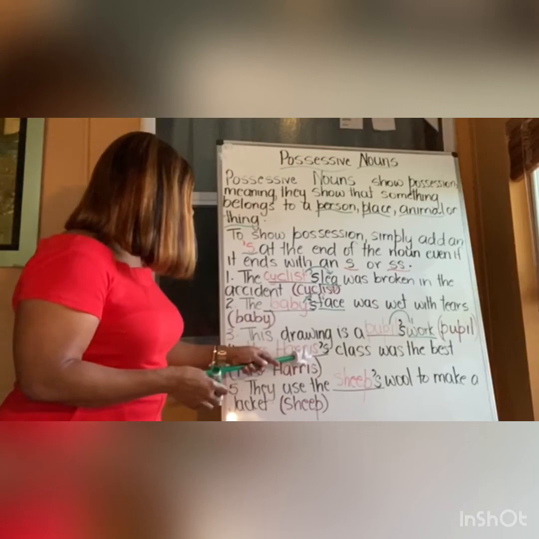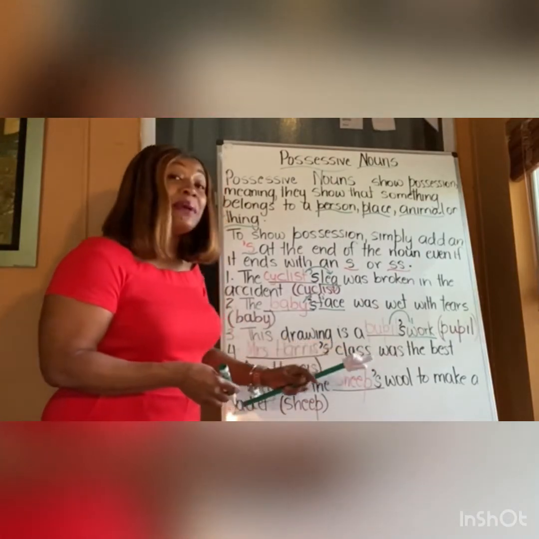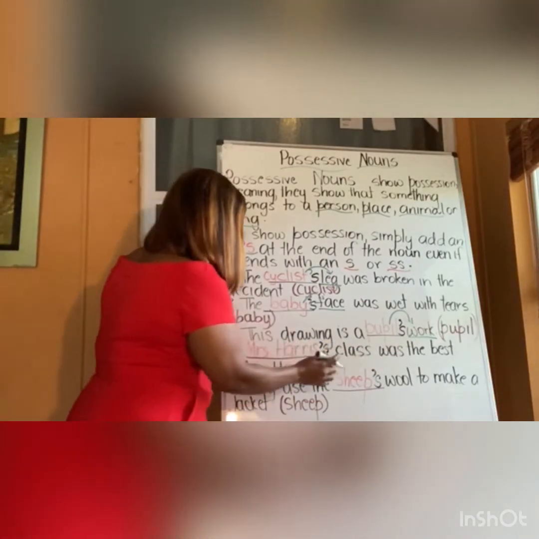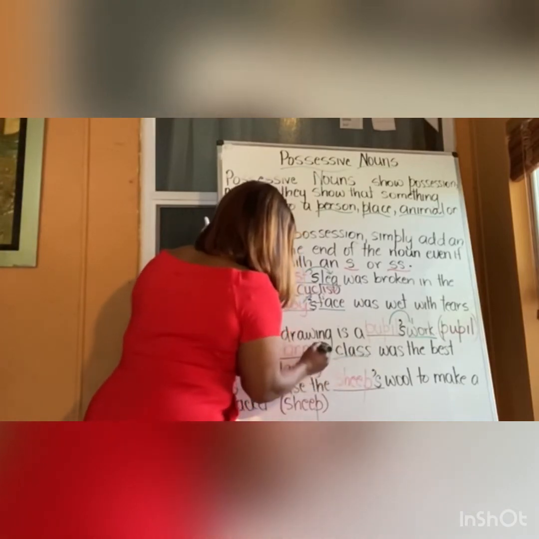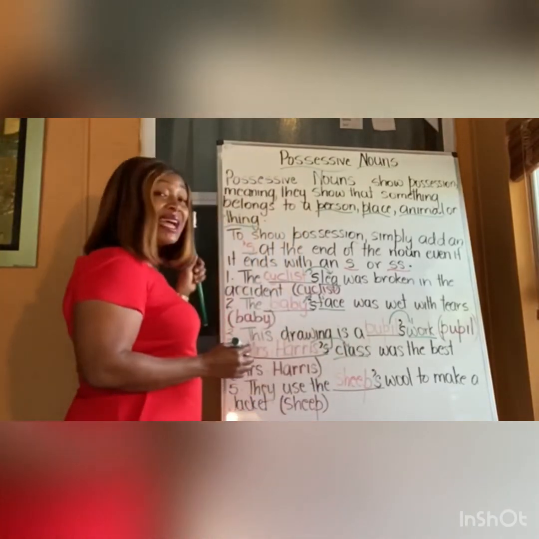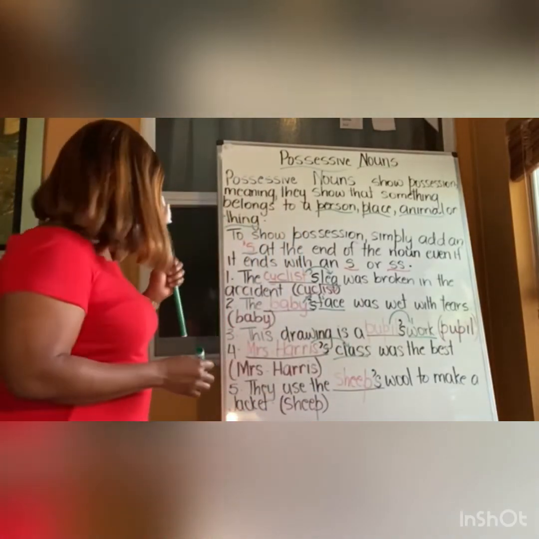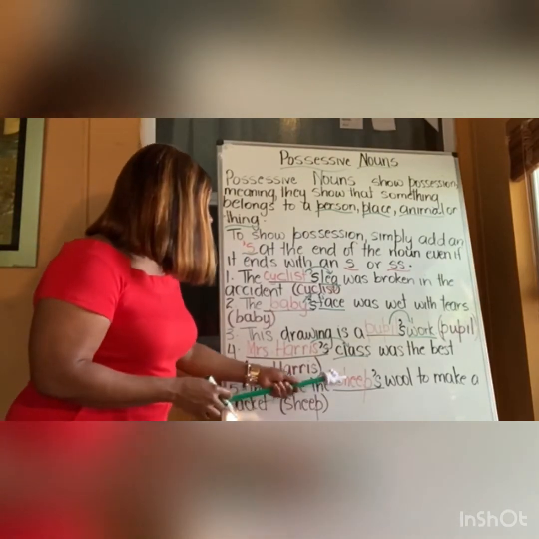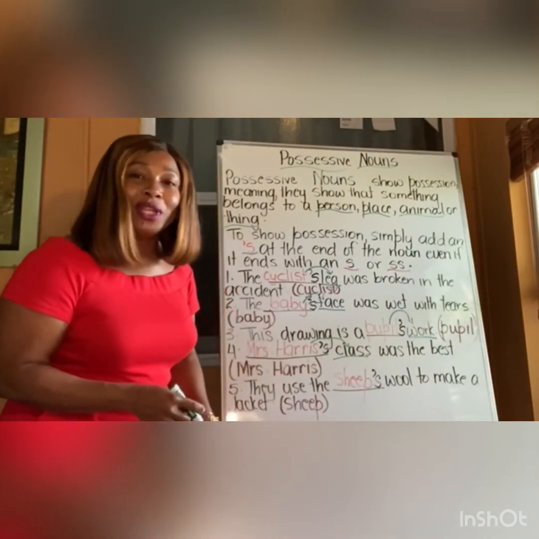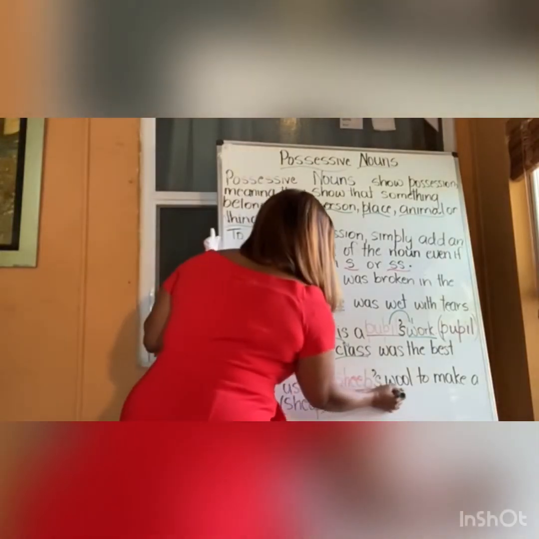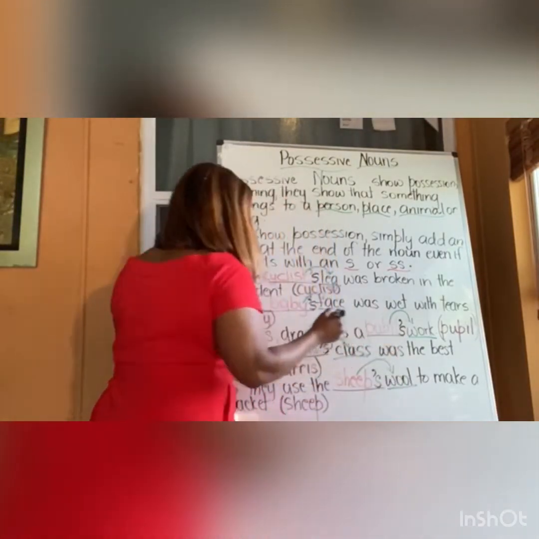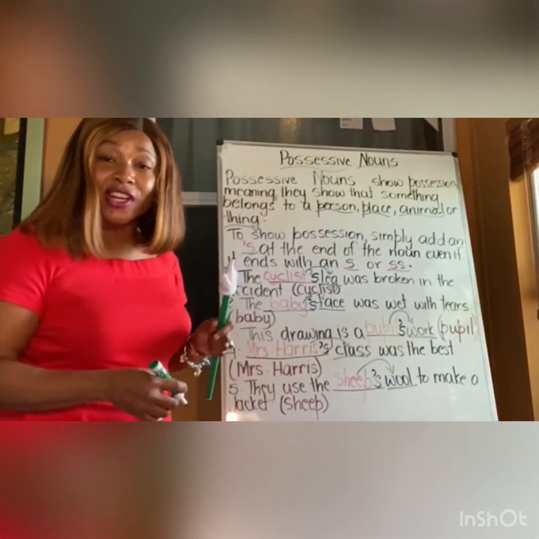Mrs. Harris's class was the best. What belongs to Mrs. Harris? It's the class. Mrs. Harris's class. They use the sheep's wool. What belongs to the sheep? It's the wool. So we're showing ownership.